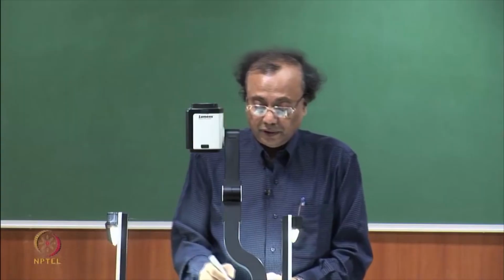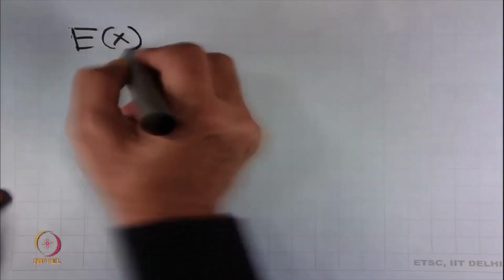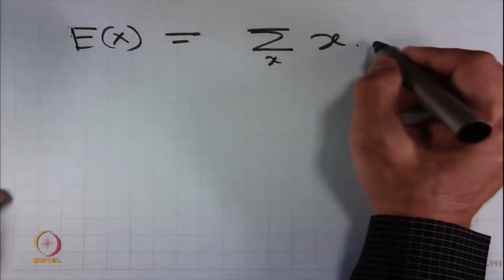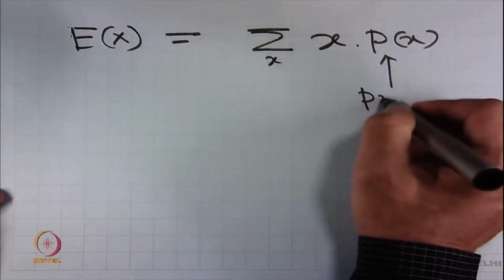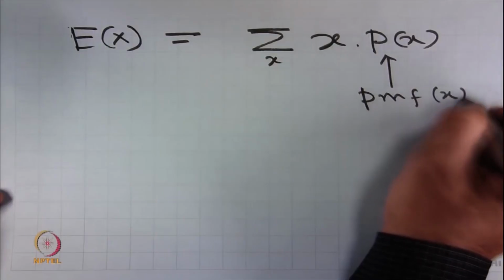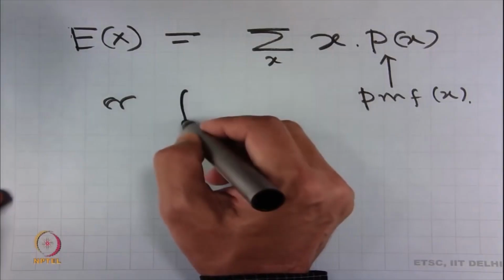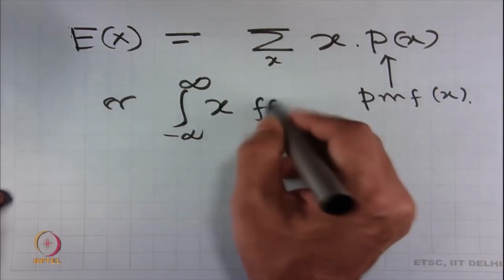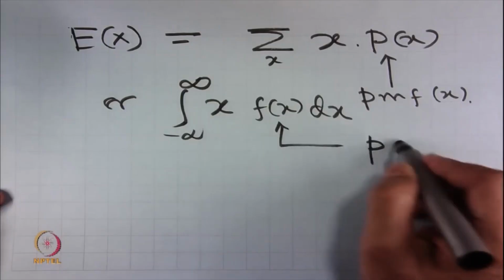Corresponding to each random variable, we can assign expected value of x, which is the sum over x of x times p(x), where p(x) is the corresponding probability mass function of x, or it can be written as the integral from minus infinity to infinity of x times f(x) dx, where f(x) is the corresponding PDF of x.